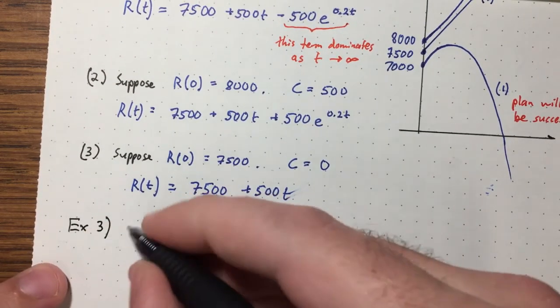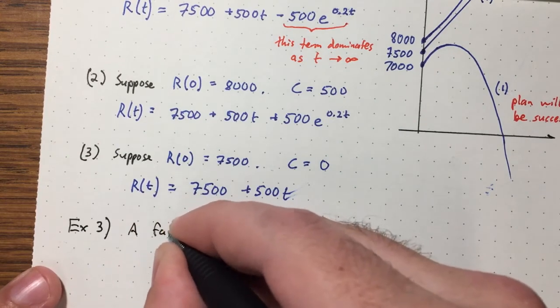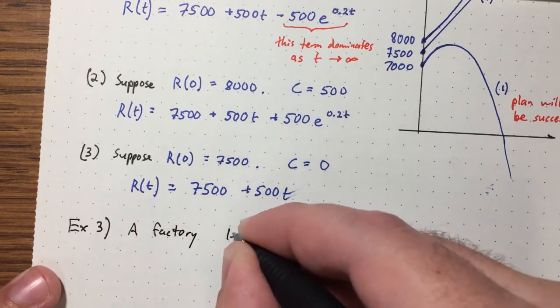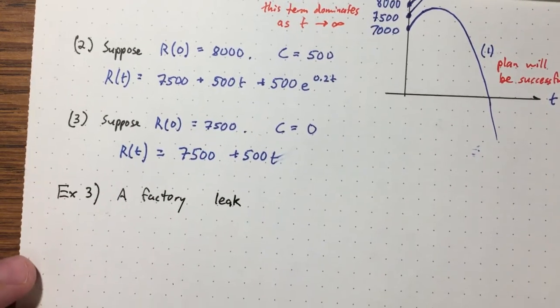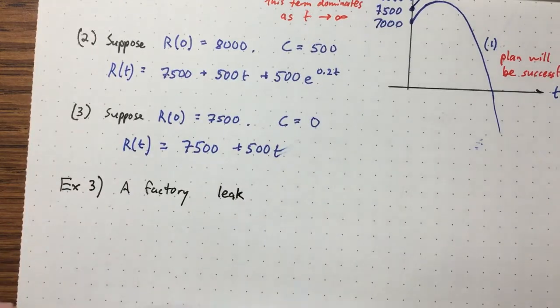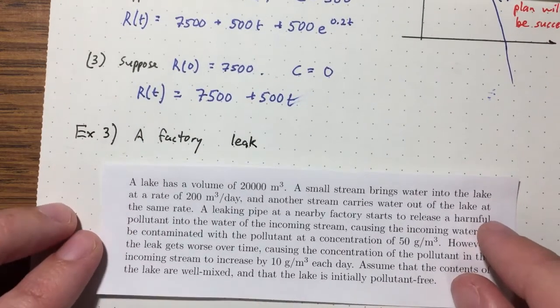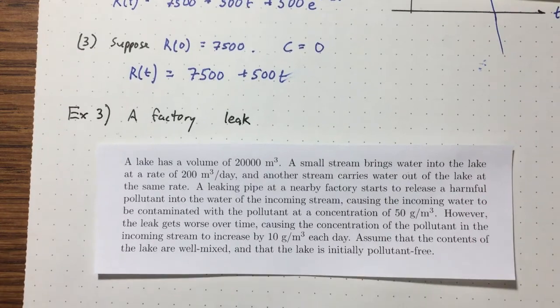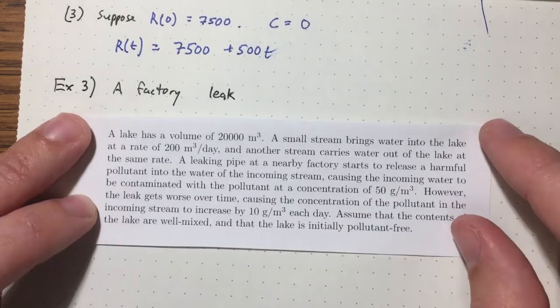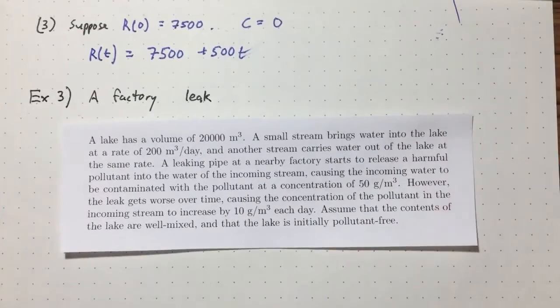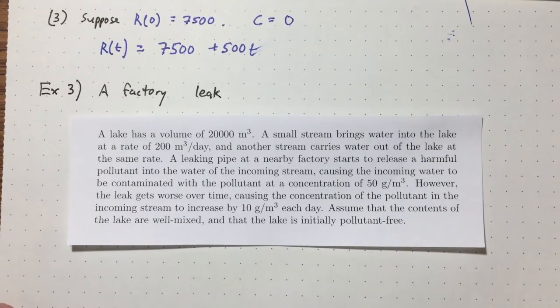This one I'll call a factory leak. And actually, I created this problem to be sort of a combination of the previous two problems. So if you work through this problem, you'll really get good practice with the techniques we talked about in the lecture today.